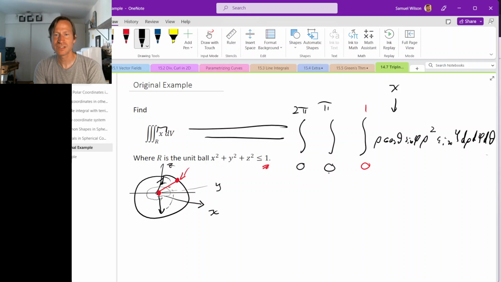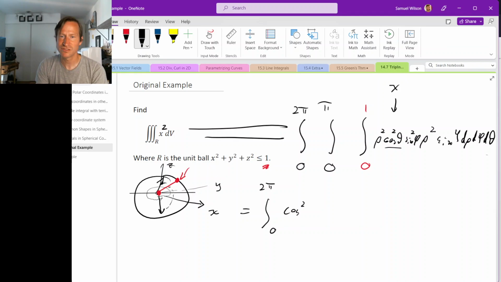Oh, I'm sorry, this x in our original problem that inspired us to invent spherical coordinates, this x was squared. So this rho should be squared, and this cosine should be squared, and this phi should be squared. Yes. Okay. So gathering up our thetas, this is going to be integral from 0 to 2 pi of cosine squared theta d theta.